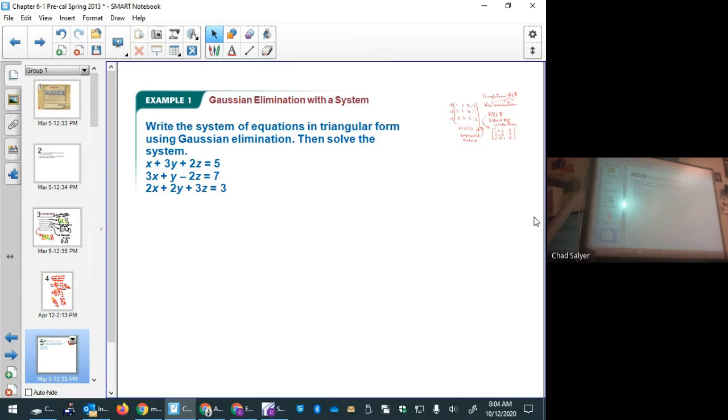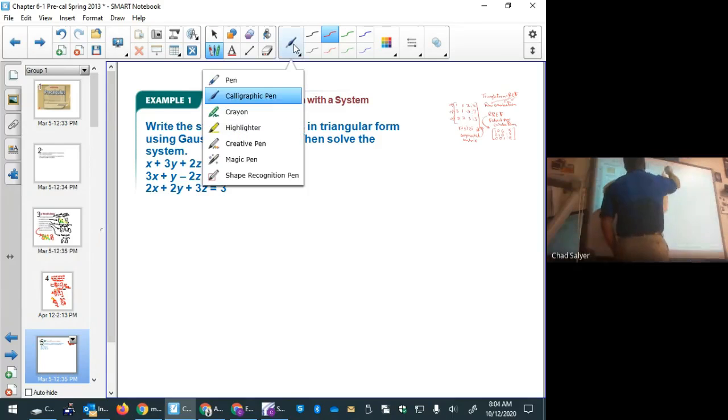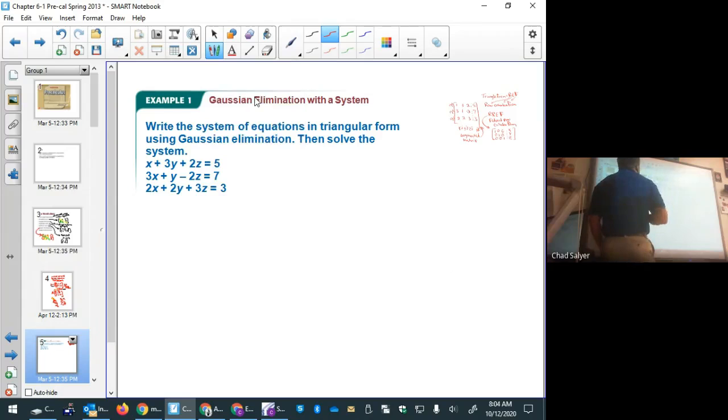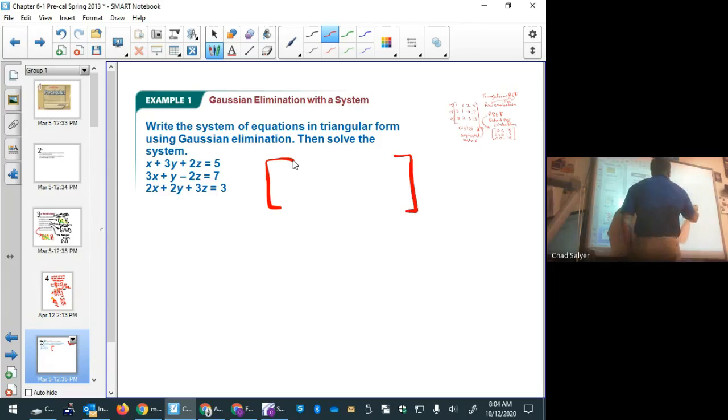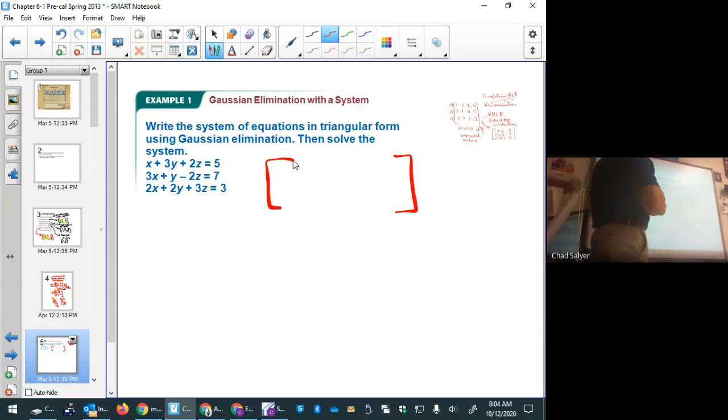Okay, so first of all, writing it in triangular form using Gaussian elimination. First of all, let's write it as a matrix. We're going to create an augmented coefficient matrix that matches this system.